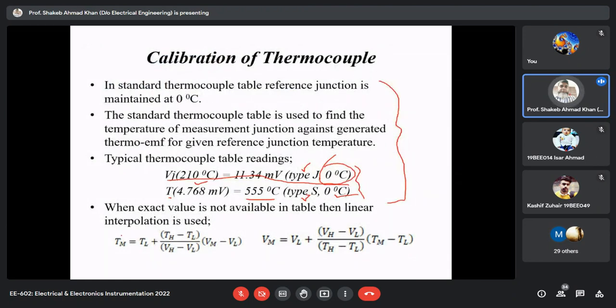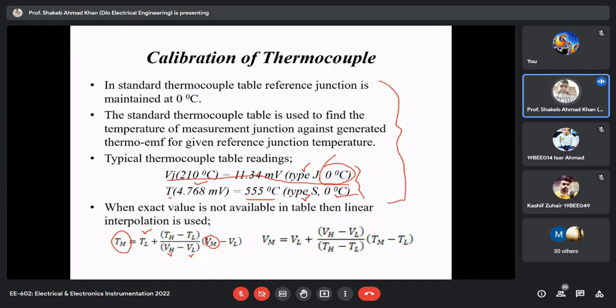If your measurement voltage lies between a higher voltage and a lower voltage, we interpolate linearly, and the corresponding temperature will be equal to the lower temperature from the table plus a correction.